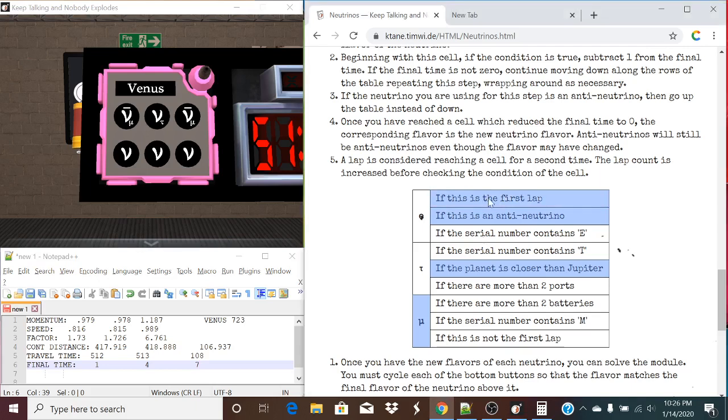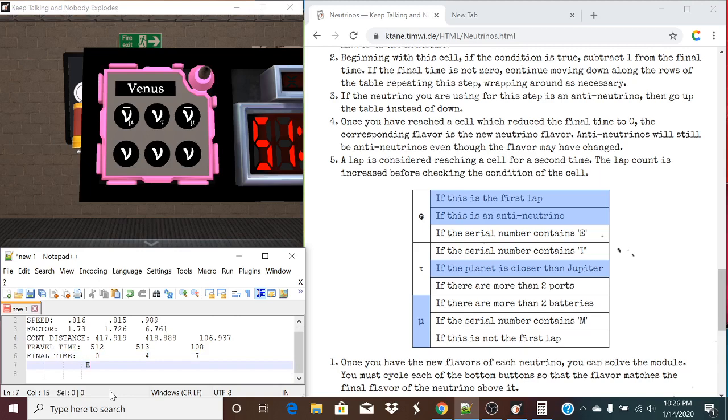This is the first lap. Yes, it is. So that is going to be a 0. And since that cell corresponds to the epsilon value, that's going to be what we're going to submit. And we're also going to subtract 1 from here as well, now only worrying about this one. If this is not the first lap, no, we are still in the first lap until we reach here again.